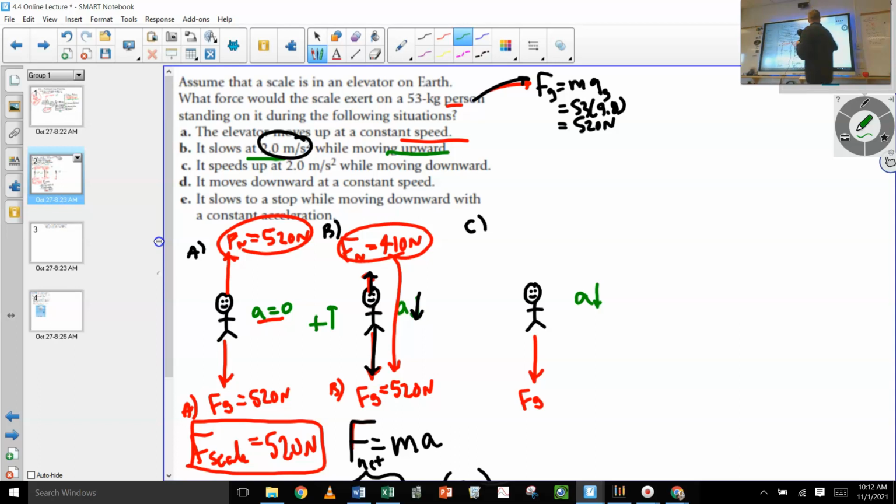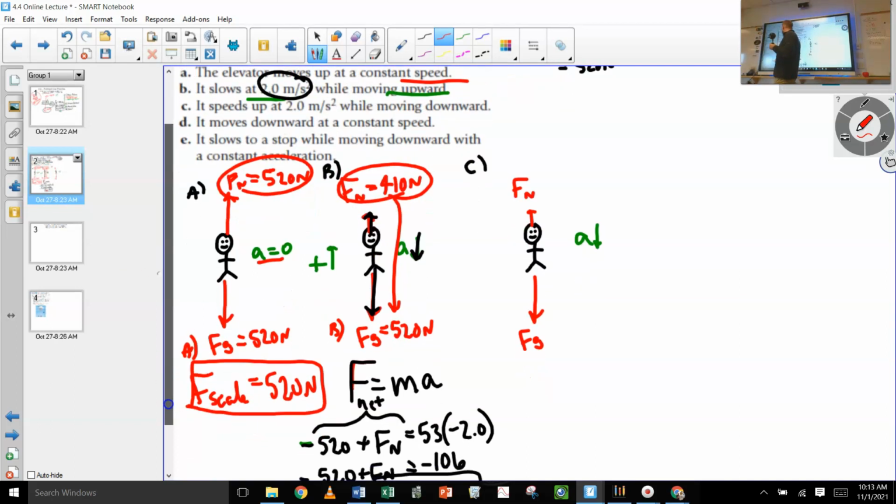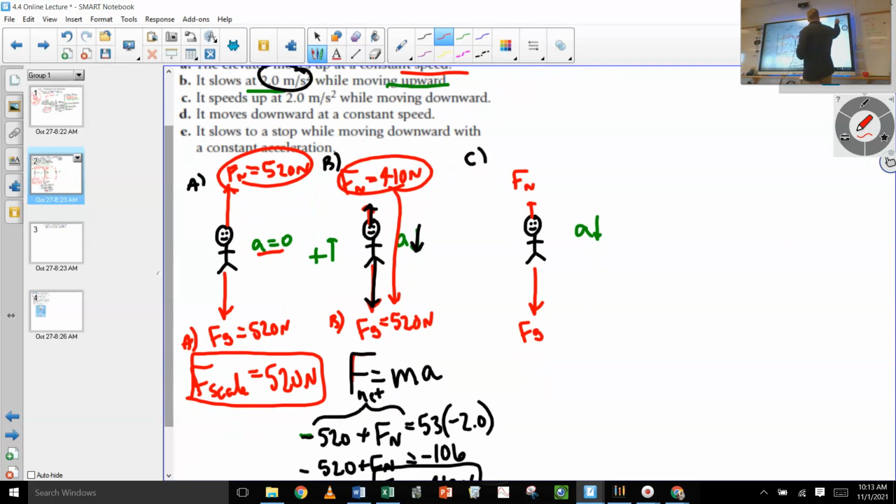So it wants to know, what does the scale read again? My guess is it's going to be the exact same thing. I have a sneaking suspicion that it's going to be 410. Let's just see if I'm correct. Because it's the same acceleration, I can totally tell right now it's going to be the same.